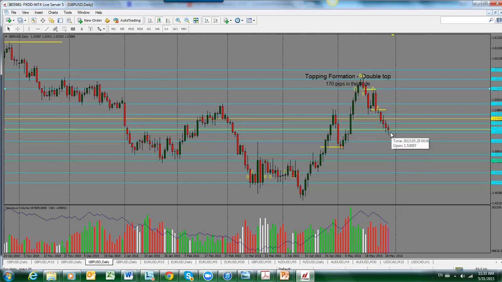On the way down, I will look for the price to test either this 50 level, 60 level, or even the bottom here, this 20-ish area, and then I will look for a move up to get into the move up. Just because our bias is to the long side doesn't mean we just jump in. Again, look for that setup, look for the price to move down, hold at that level, and then move up.